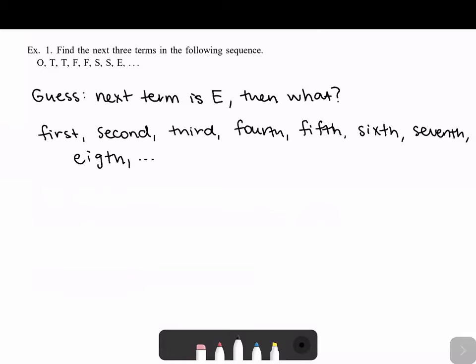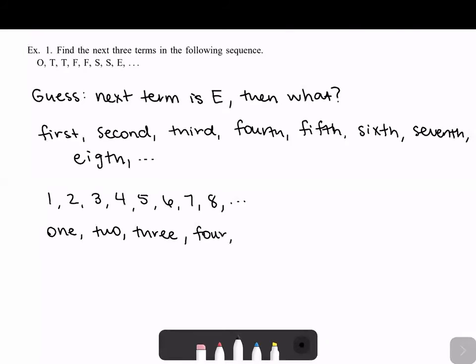So we have something in position 1, 2, 3, 4, 5, 6, 7, and 8. Do you see where I'm going with this? If we write out those numbers in words, we have one, two, three, four, five, six, seven, eight, and so on.